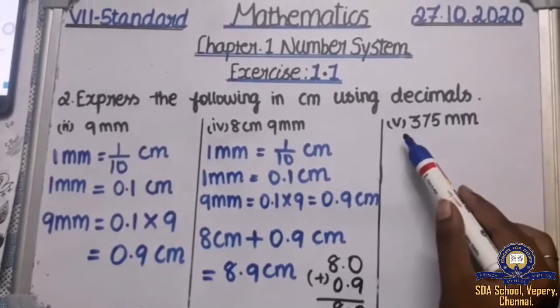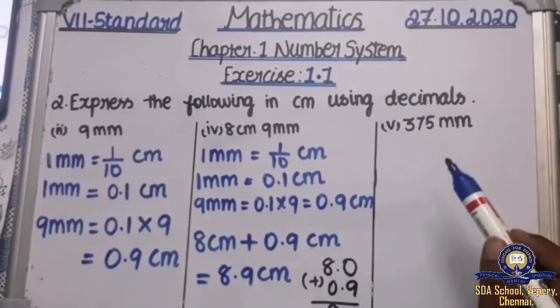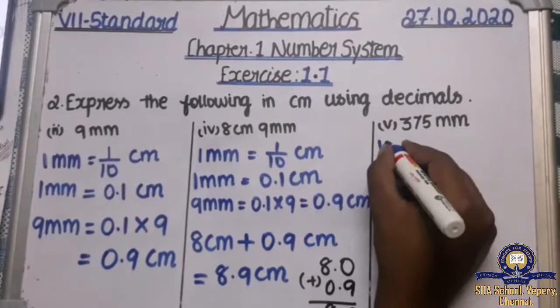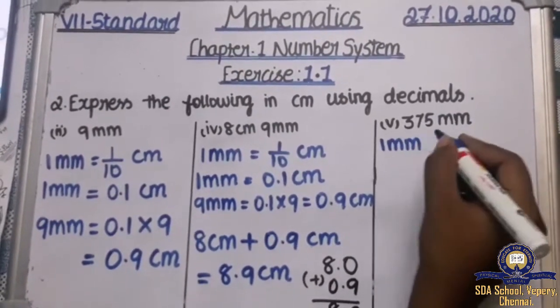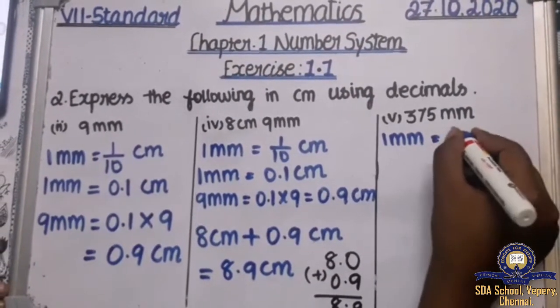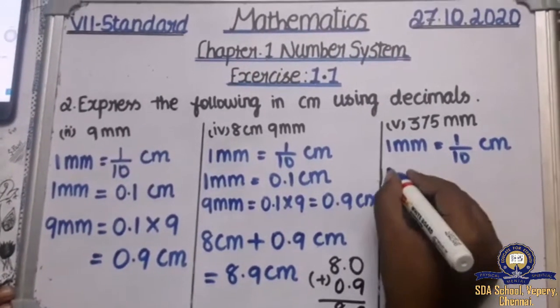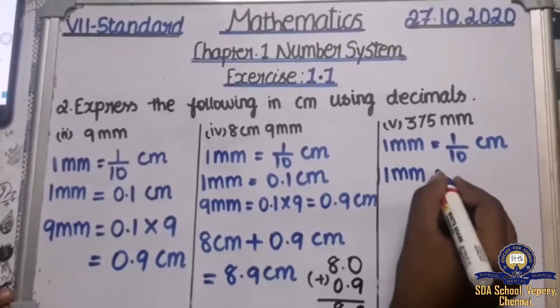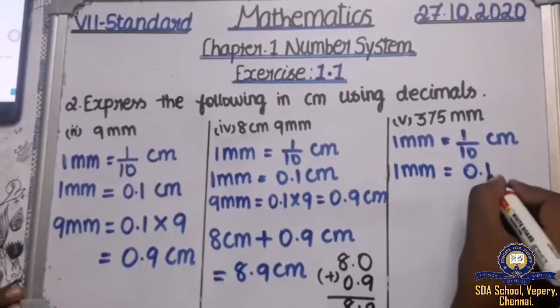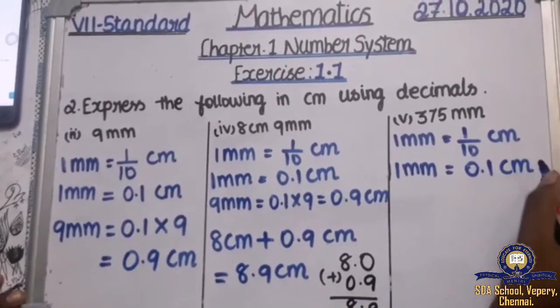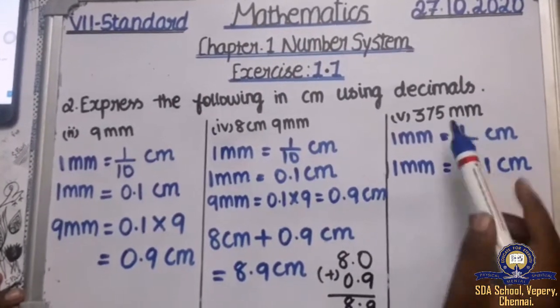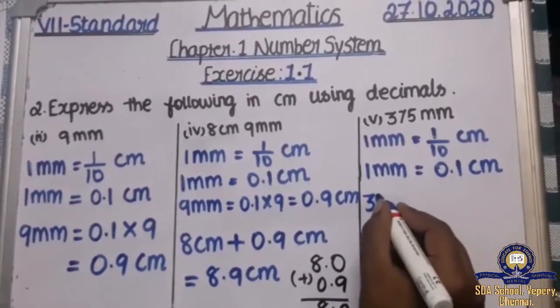What is the fifth problem they gave? 375 millimeter. We know that 1 millimeter is equal to 1 by 10 centimeter. When we represent in decimals, 1 millimeter is equal to 0.1 centimeter. How many millimeters are given here? 375 millimeter.